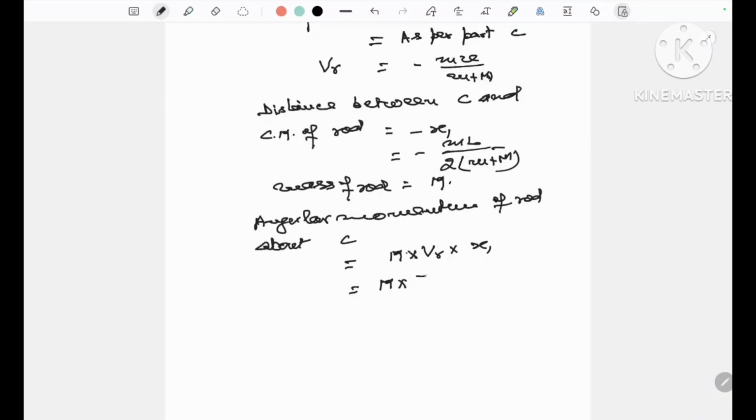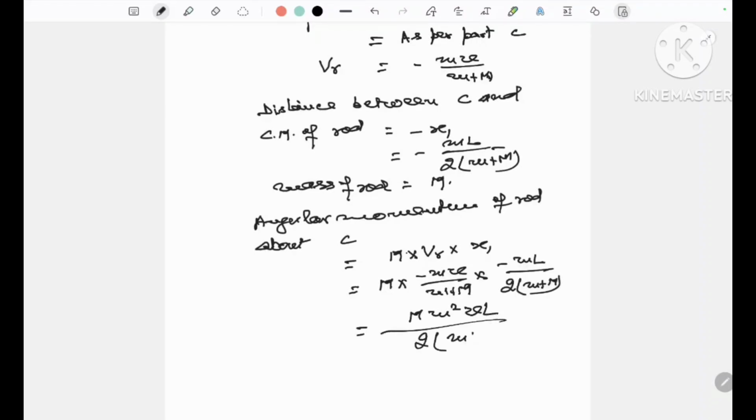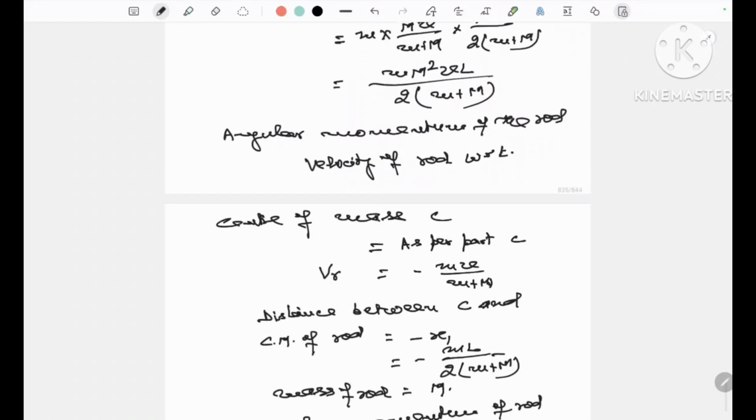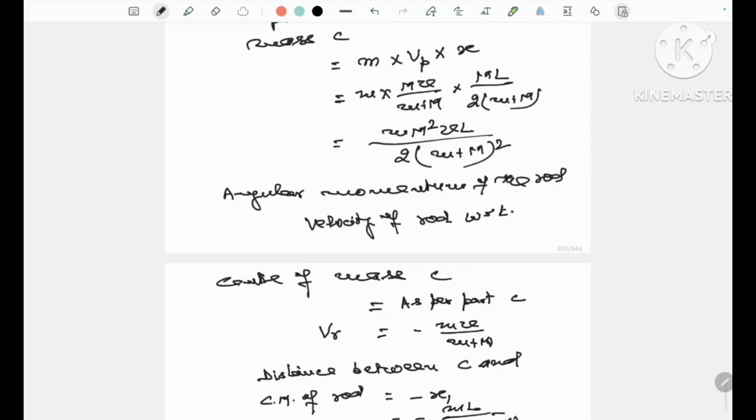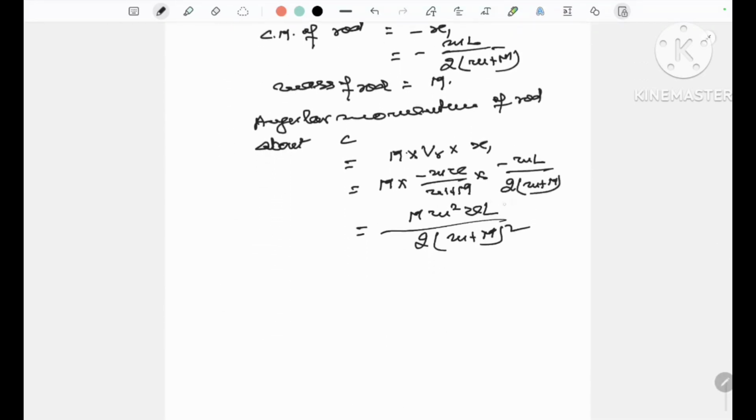Vr is minus mv upon m plus M, and x1 is minus ml upon 2(m plus M), so this is M squared vl upon 2(m plus M) squared. This will be the angular momentum of the rod about C.